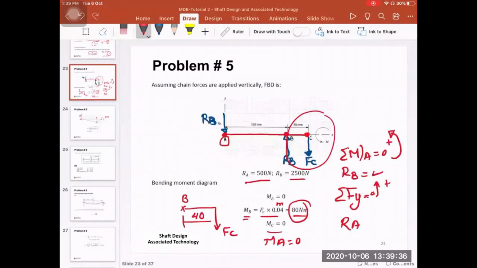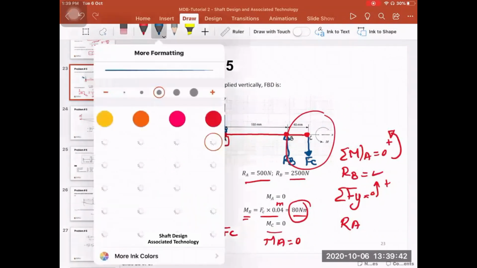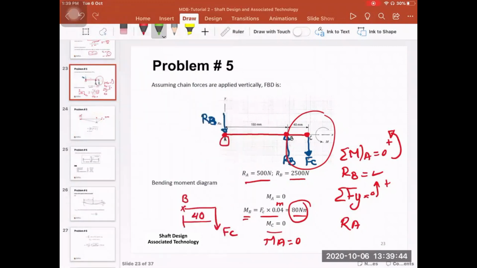Going back here, because this force is going downwards, the deflection or the bending is in this direction, it goes down in this direction. So based on the sign convention, this is considered as a negative bending moment.